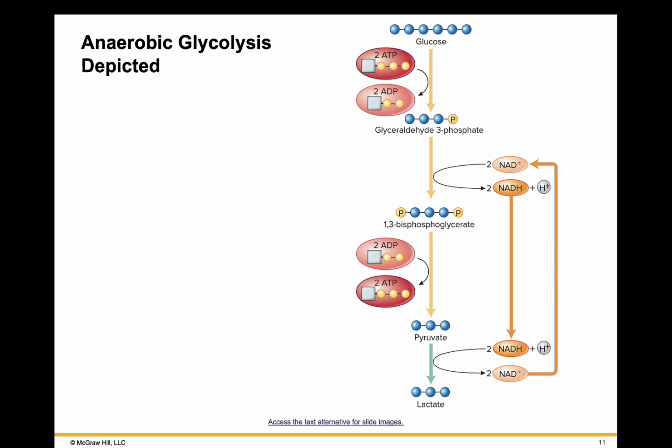So without that, we're stuck with glycolysis, which takes place outside of the mitochondria, so it does not yield a lot of ATP, but we get, once again, 2 ATP, better than no ATP.